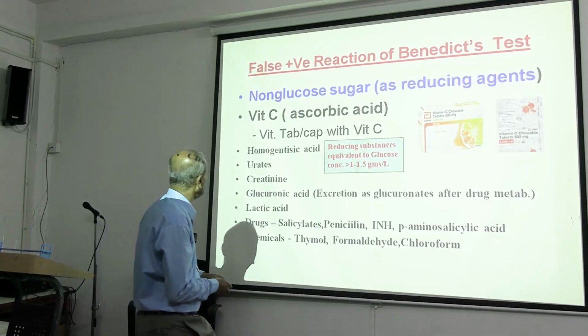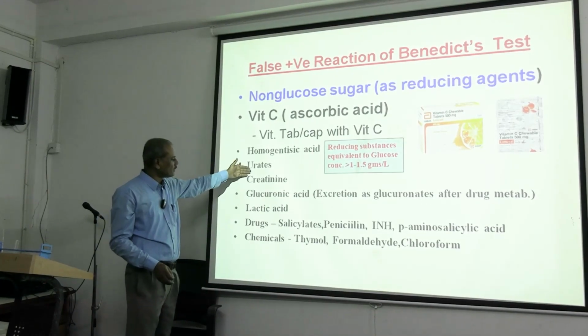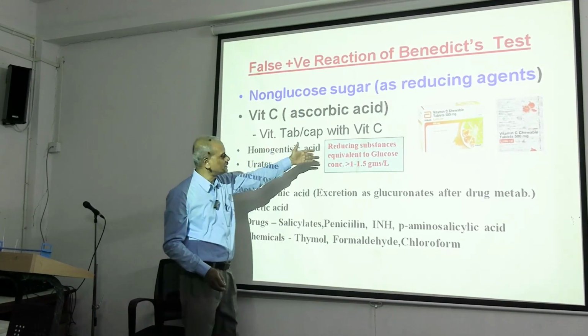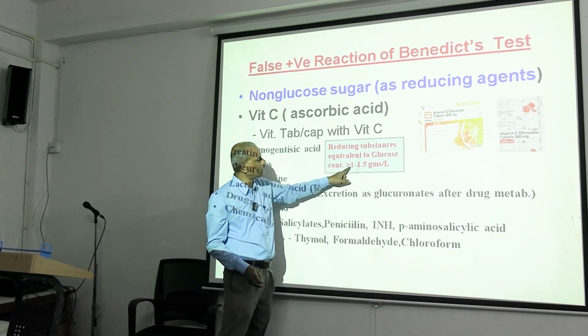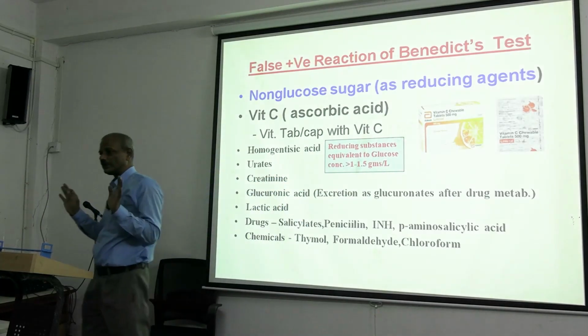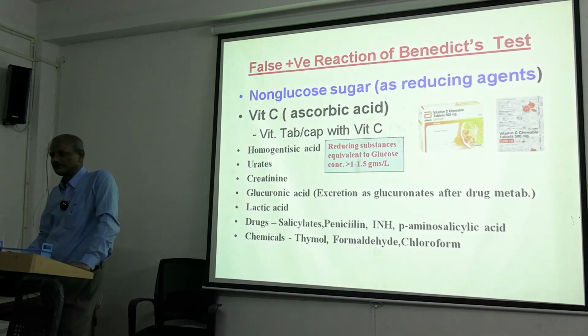Similarly, in the urine, creatinine is present. Uric acid is also present. But reducing substances equivalent to a concentration of more than 1 to 1.5 grams per liter, if that high amount is present, then only it will be positive. Just mere presence will not give positive. Similarly, mere presence of glucose will not give positive.